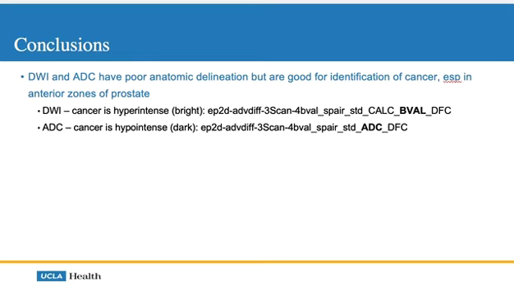Cancer is hyperintense on DWI, and you're looking for the sequence that has this very long name with BVAL at the end of it. On ADC, cancers are hypointense, so they're dark, and the end of the name of the sequence has ADC in it.